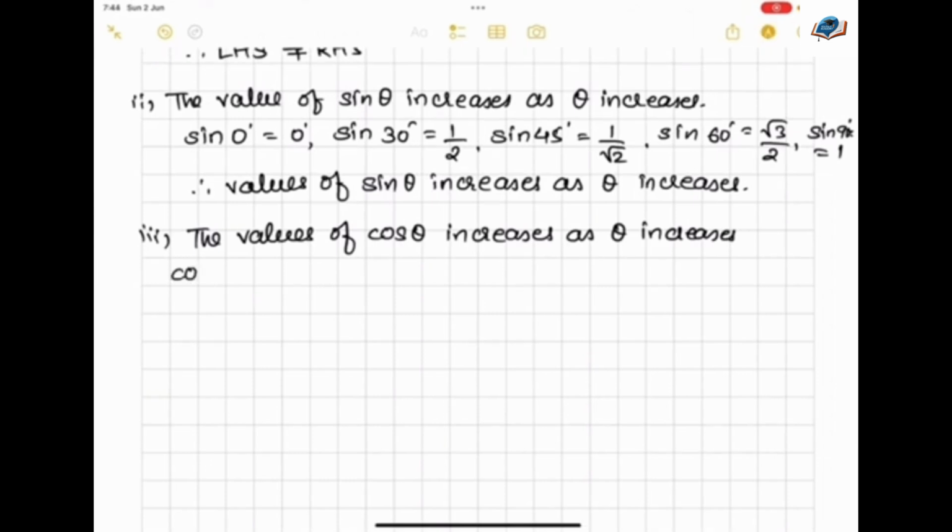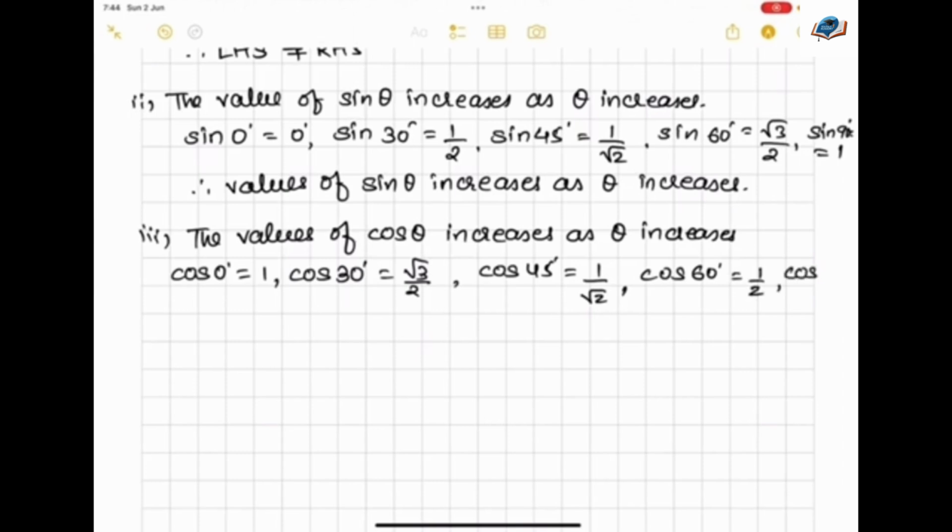So here cos 0 will be 1, cos 30 degree will be root 3 by 2, cos 45 is 1 by root 2, and cos 60 will be 1 by 2, and cos 90 is 0. So therefore it is false, as value of cos theta is decreasing from cos 0 to cos 90.